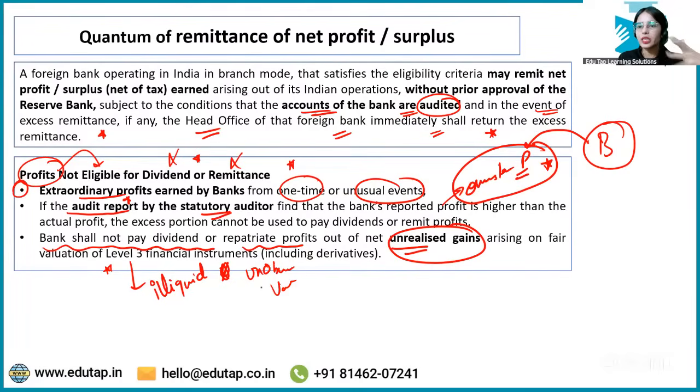That means their valuation cannot be observed clearly in the market. They are not very liquid, and their value cannot be observed easily. So the bank shall not pay dividend or send the profit outside if there are unrealized gains from these illiquid, unobservable-valuation instruments.